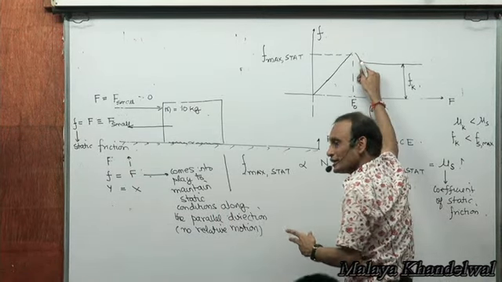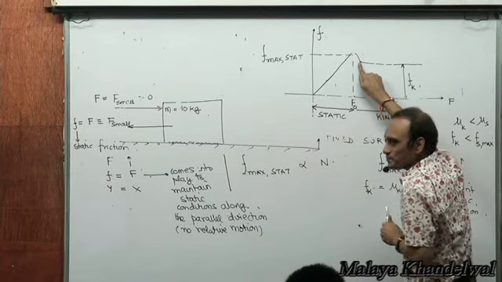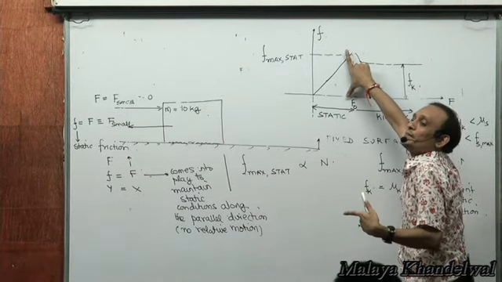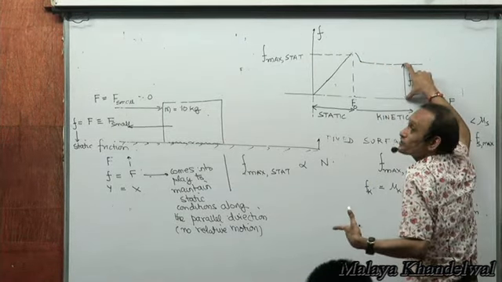Beyond this, relative motion starts between the two surfaces. So there is a dip in the value of frictional force when relative motion starts, and the new value of frictional force, kinetic friction, will be less than maximum static friction. This is the whole idea.